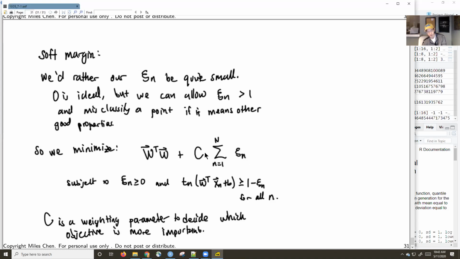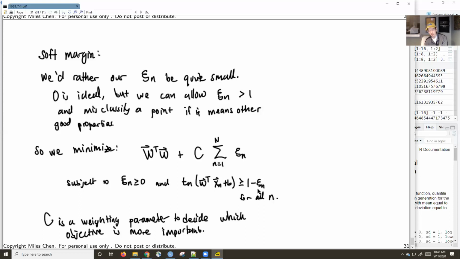So there's some constant C that balances between these two objectives. You're trying to minimize the total of the different xi's that you've observed, along with minimizing the norm of w, and it's subject to all of this.